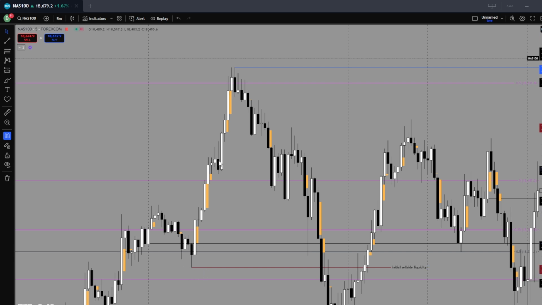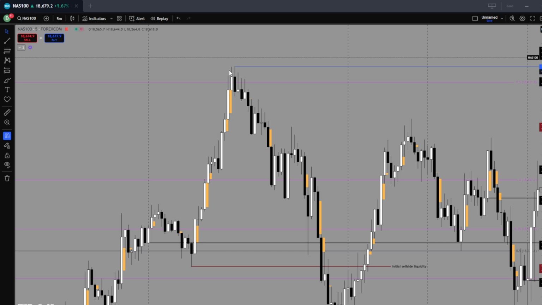Then it ran higher all the way up to here, then started moving lower. So what's above the swing high? That's the buy side liquidity, or buy stops. So it went down and took out the sell stops first.